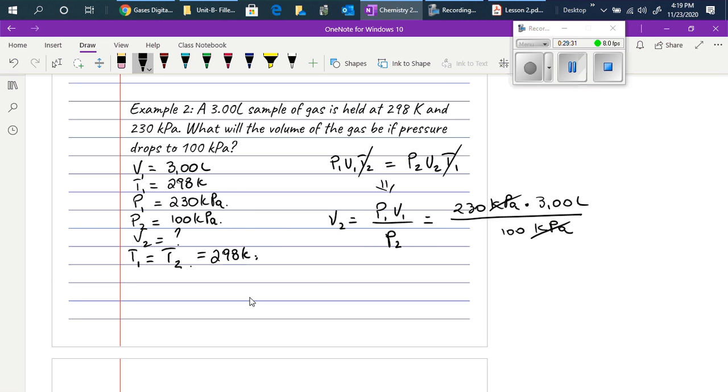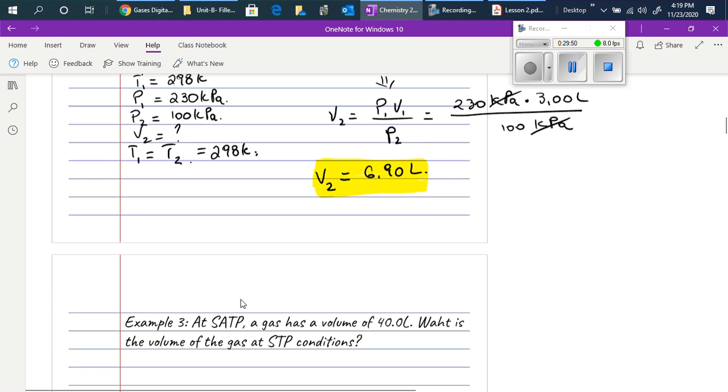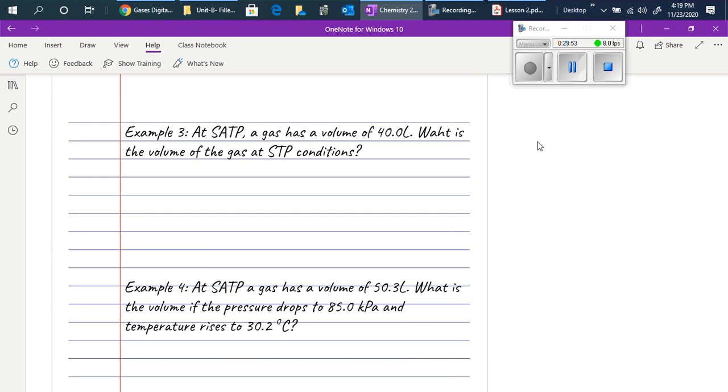So kilopascal and kilopascal cancel out, and then the volume in the second case will be 6.90 liters. And this takes into consideration the fact that the number of sigdigs is 3.